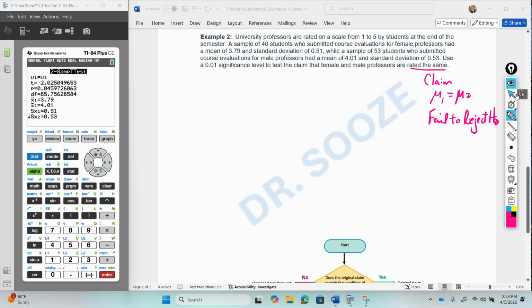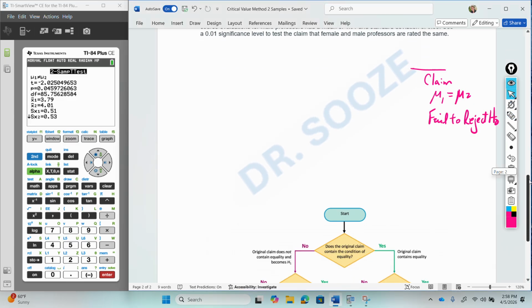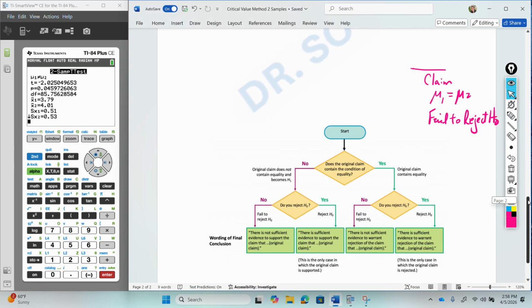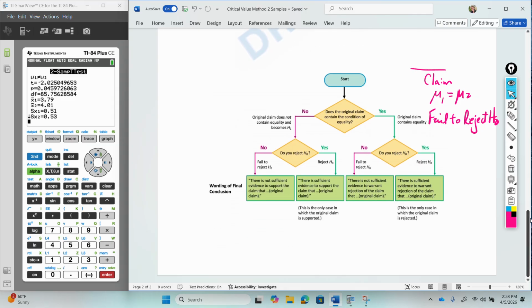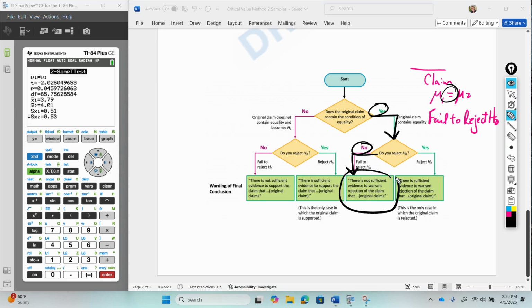Okay. So now let's come down here. Did the original claim contain the condition of equality? It certainly did. Did you reject the null hypothesis? No, we failed to reject it. And so that brings us to this result.